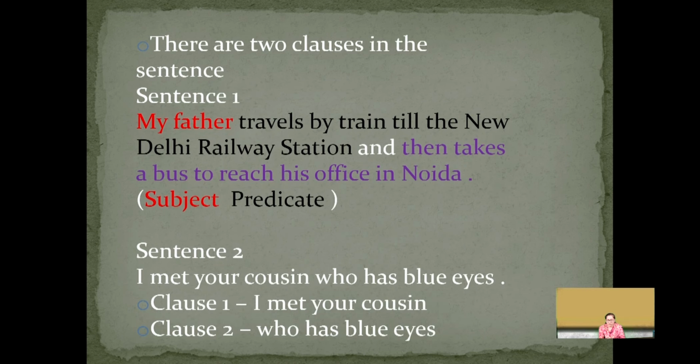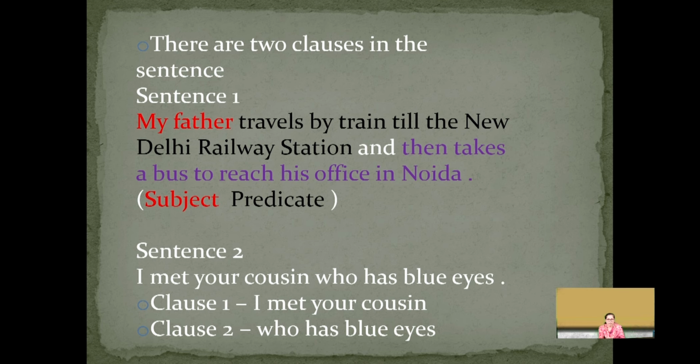My father travels by train till the New Delhi railway station and then takes a bus to reach his office in Noida. The section of the sentence that you see in red color is the subject, and the rest that follows is the predicate.